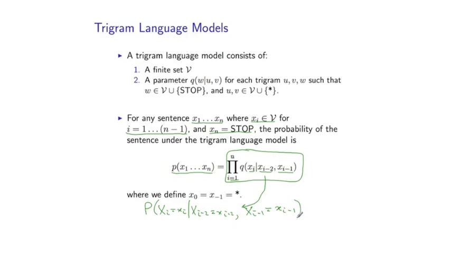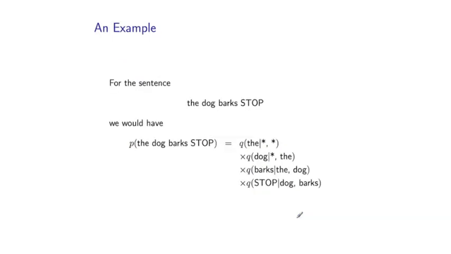So that's the formal definition, but things should become a lot clearer if we go through an example, because what we end up with is really a very simple model. So let's take a particular sentence, for example, the sentence, the dog barks. As before, we have the stop symbol at the end of the sentence. We'll always have that. In this case, the probability assigned to this sentence under the language model is a product of terms. You'll notice that we have each of the words, the, dog, barks, and stop.